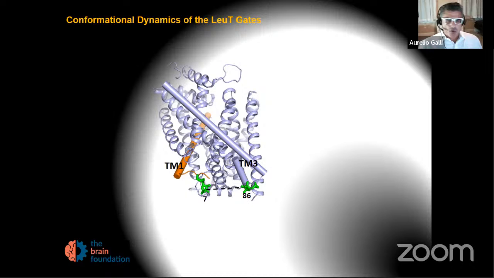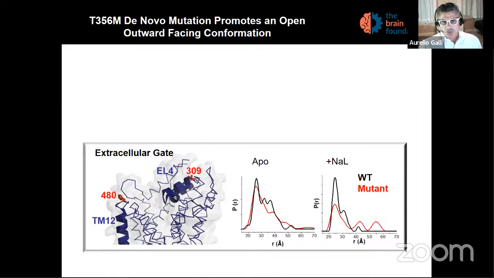And so, without going into much detail, what we saw is that the intracellular gate was not really affected by the mutation, but we were looking at the spin label that we position on the extracellular gate of the transporter in the presence of sodium, the co-transported ion, and the substrate, in this case leucine, right? In the wild type, there was a rearrangement of the extracellular gate going into an occluded pore.